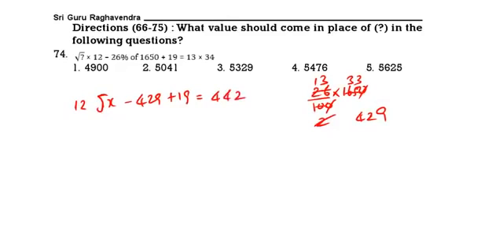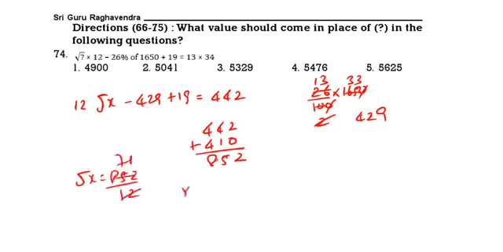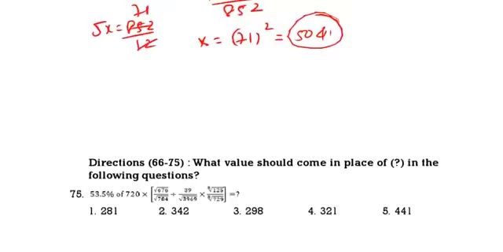This is minus 410. If it goes to the other side, it becomes plus 410. 442 plus 410, that is 852. Now, root x is equal to 852 by 12. 12 7s, 12 1s. X is equal to 71 square. 71 square should end with 1. That is 5041. Next question, 75.